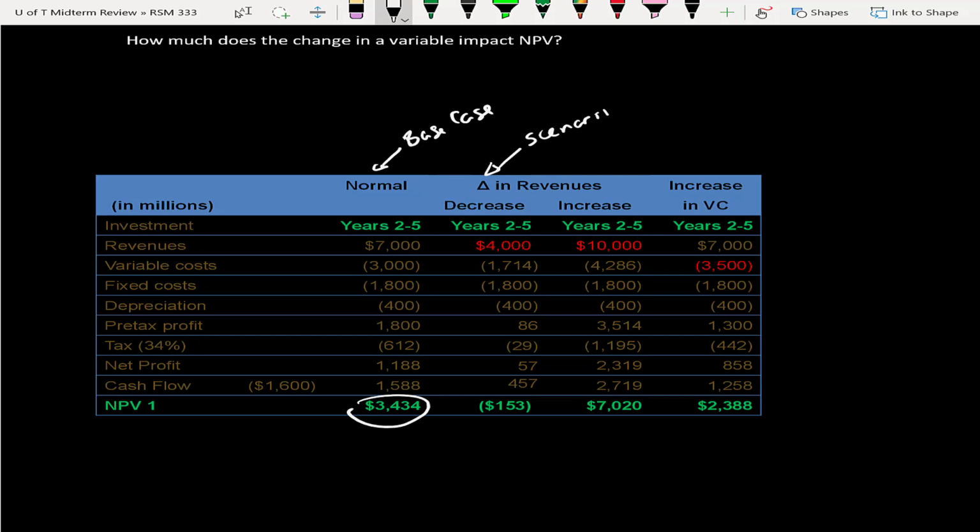Okay, so scenario one is what happens if sales fall and they don't actually hit the target that we were gonna aim for, and that's a common thing. So what would be the impact, and what's the impact of a 1% change in sales?